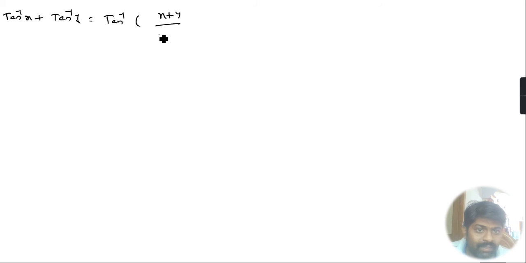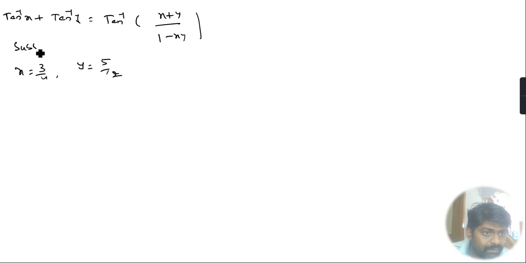The basic one is tan inverse x plus tan inverse y equal to tan inverse of x plus y by 1 minus xy. Substitute x is equal to 3 by 4 and y equal to 5 by 12.